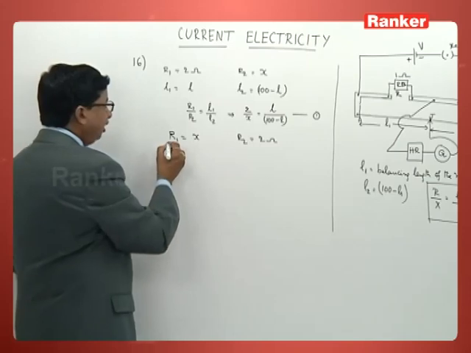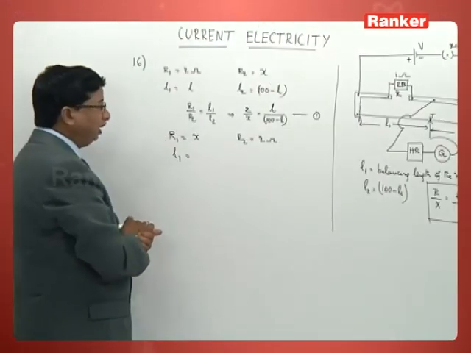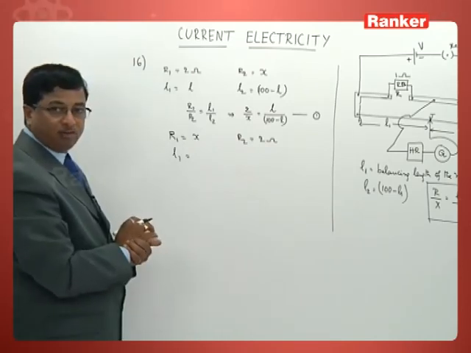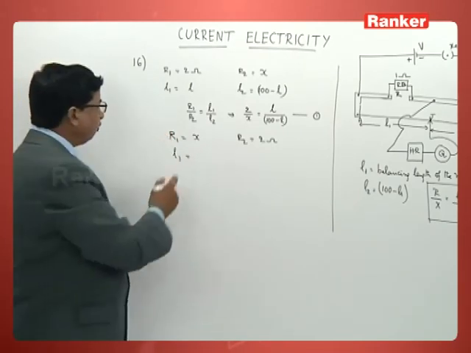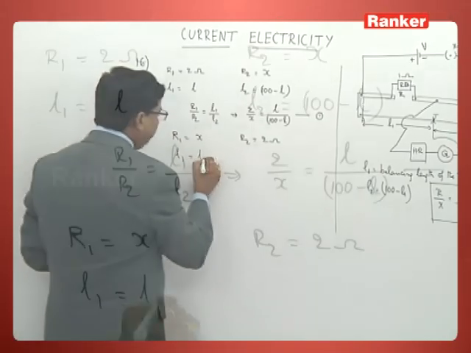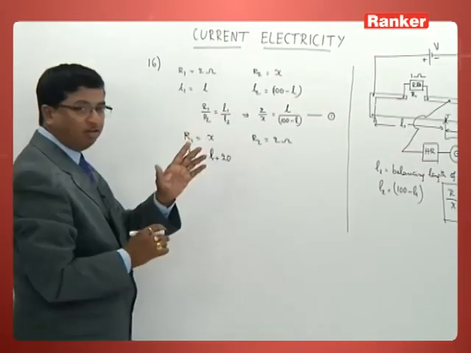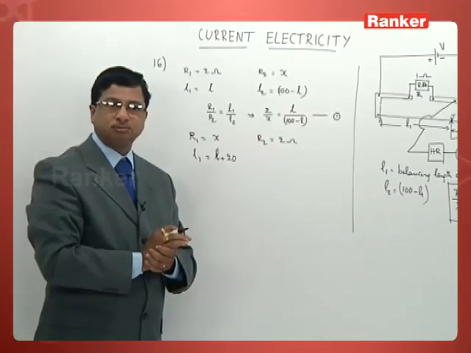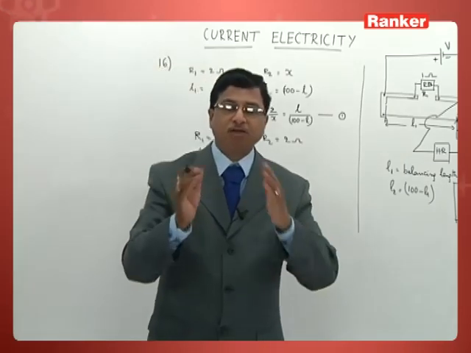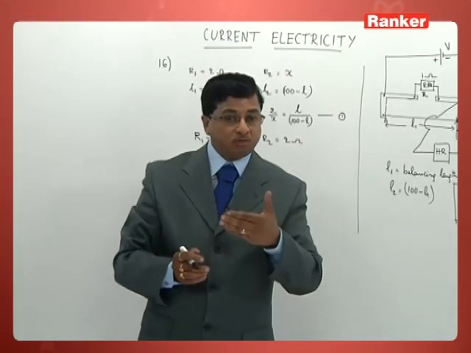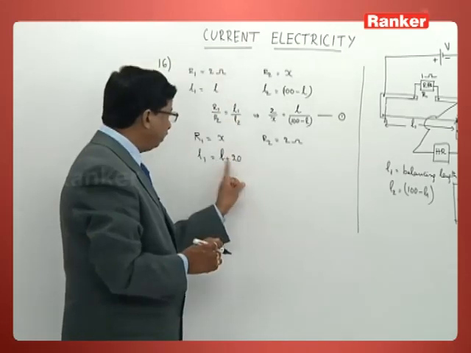And you should understand what will be L1 now. L1 is shifted. He said very clearly, it's increased by 20 centimeter. So I should write this one as L plus 20. Earlier the balance length was L. Now it is becoming 20 centimeter more than the earlier value. That means earlier L and now 20 more means L plus 20.